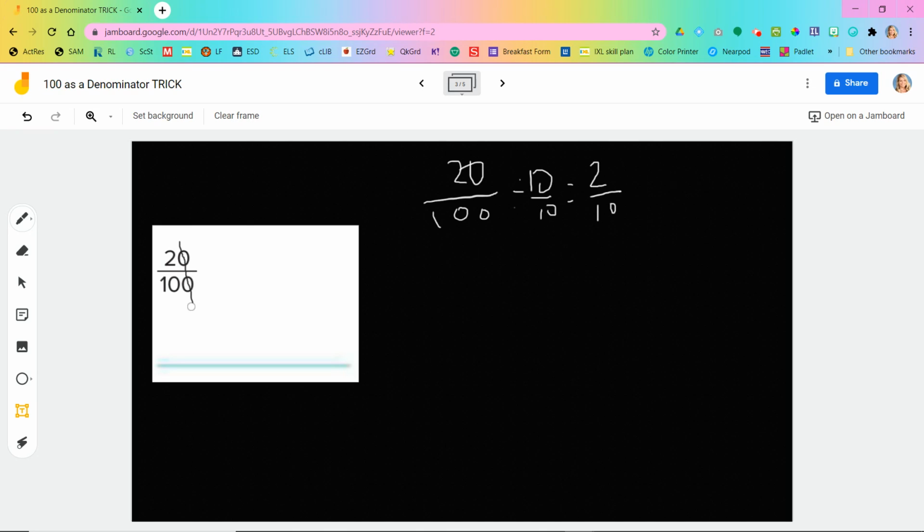So now, instead of having to write out your factors of 20 and your factors of 100, all you have to do is write out your factors of what's left, 2 tenths. All right, so my factors of 2 are 1 and 2 because it's prime. My factors of 10 are 1, 2, 5, and 10.